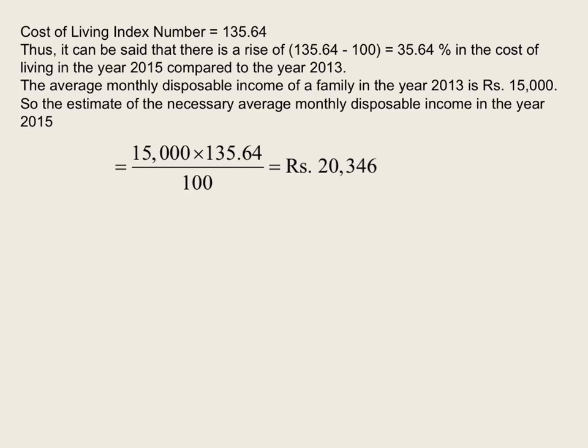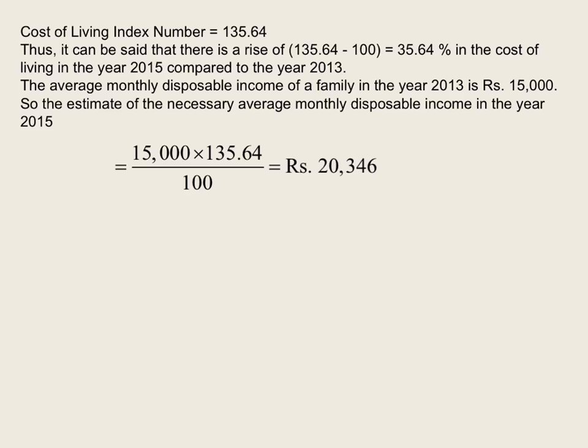Now average monthly disposable income in 2013 is 15,000. So our estimation for 2015 is equal to what? We have to put a step like this. If 100 is our index number, then monthly disposable income is 15,000.